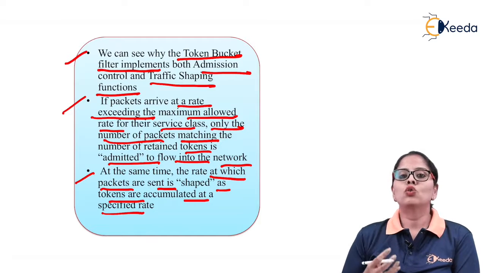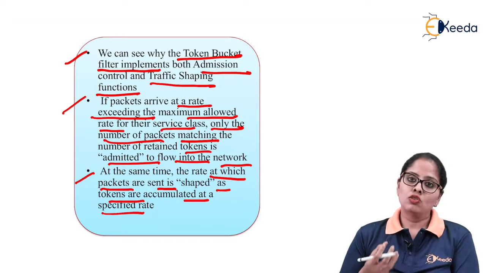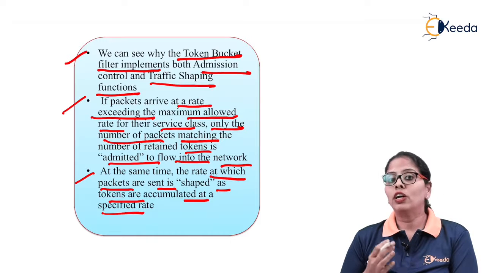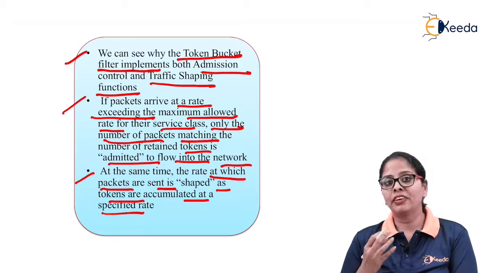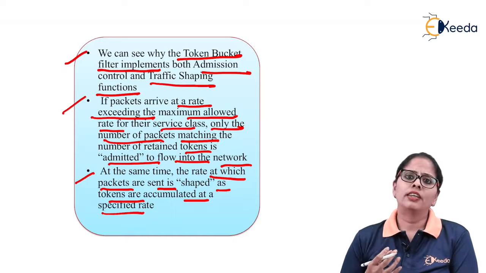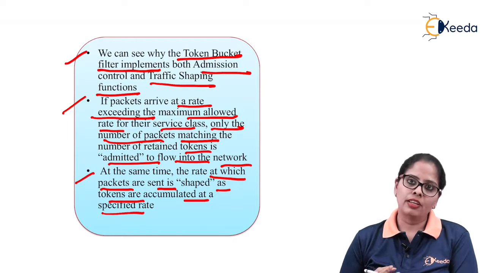So how many tokens you put per second, with the help of that, you can also define the rate of packet transmission. If you want a low data rate, then the number of tokens collected will be less. If you want a higher data rate, then more tokens are going to be placed per second. So you are restricting the data rate and also the incoming packets.